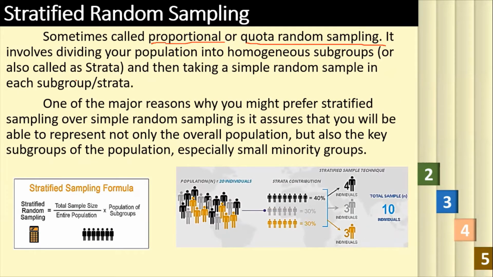Stratified random sampling, or the quota random sampling, involves dividing the population into homogeneous subgroups, or strata ang tawag. And then taking a simple random sample in each of the subgroups or strata.